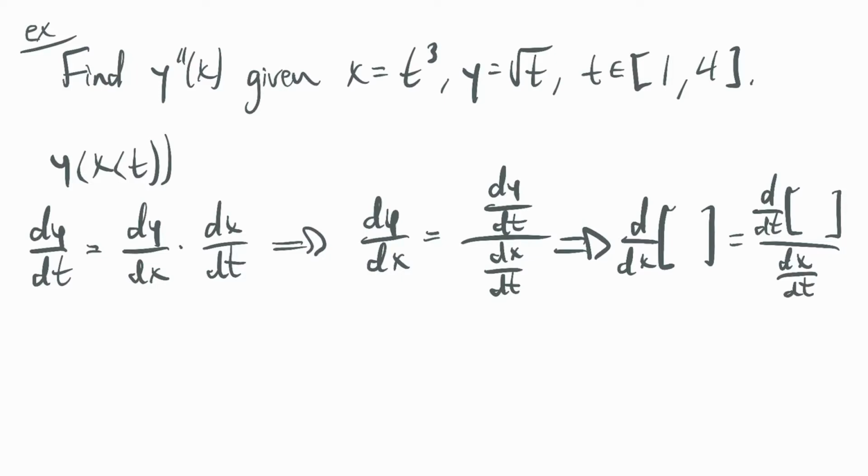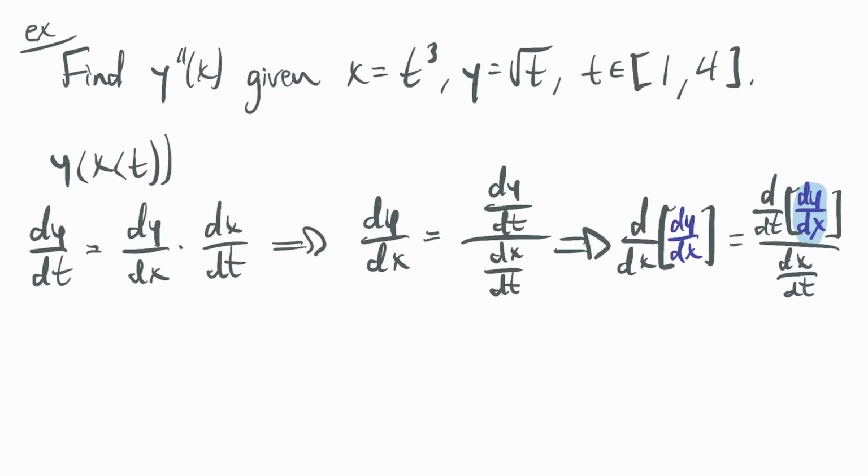All I'm doing is, instead of saying that we have y specifically, we could have any function that is both a function of x and of t. That's what I'm saying. So we can plug in dy/dx there. And of course here, dy/dx will be a function of t.